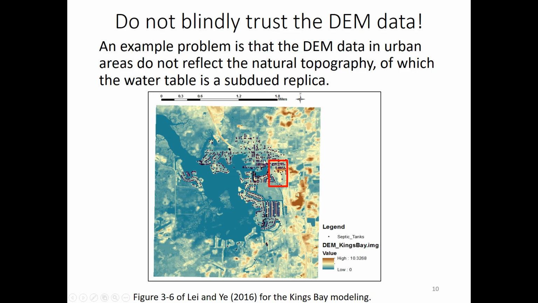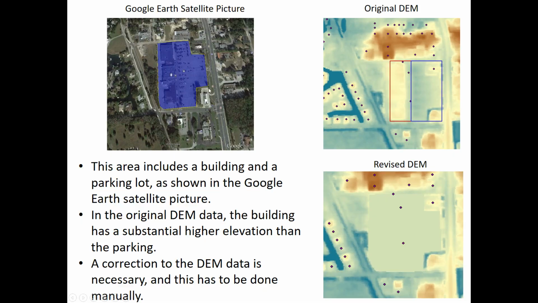Let's look at this Kings Bay example again. In this area, there is a parking lot, which we identified by using the Google Earth satellite picture. In the DEM we downloaded, you can tell the shape of this commercial area.